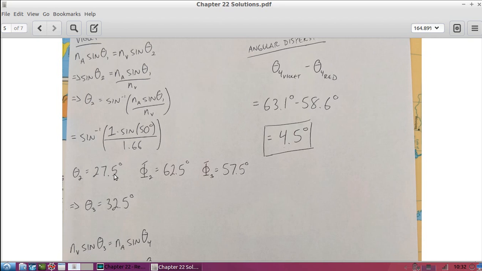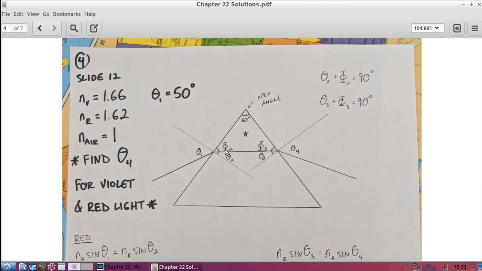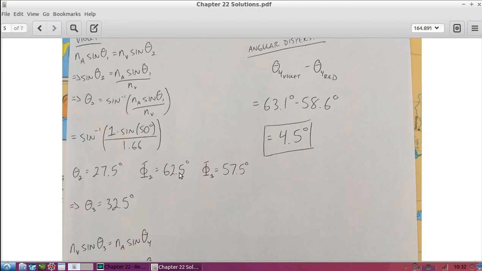So we take the 27.5 degrees complement, and we get phi 2, which is 62.5 degrees. This is 60. Phi 3 plus phi 2 plus 60 have to equal 180. So we solve for phi 3 using the same relationship we did for red, and phi 3 is equal to 57.5 degrees.